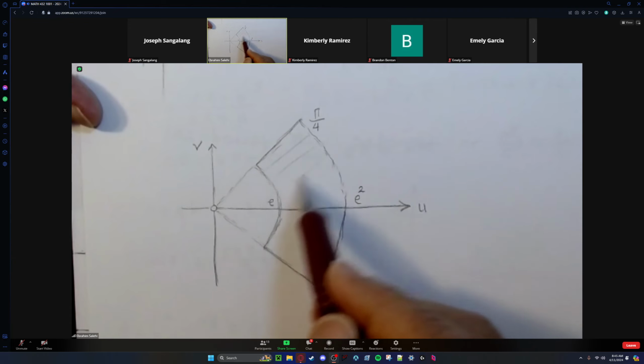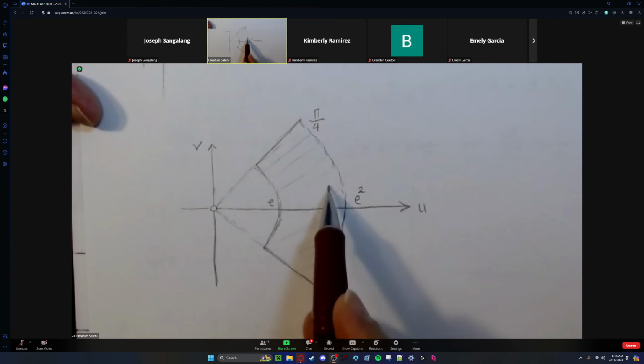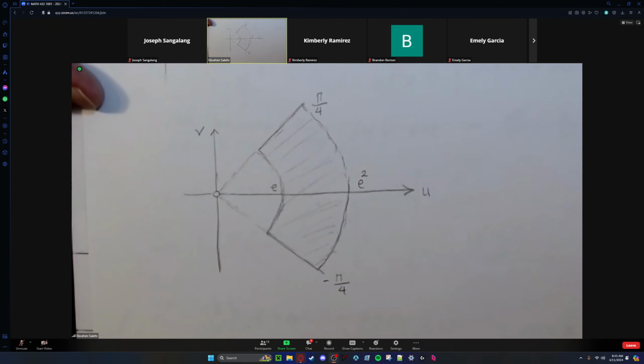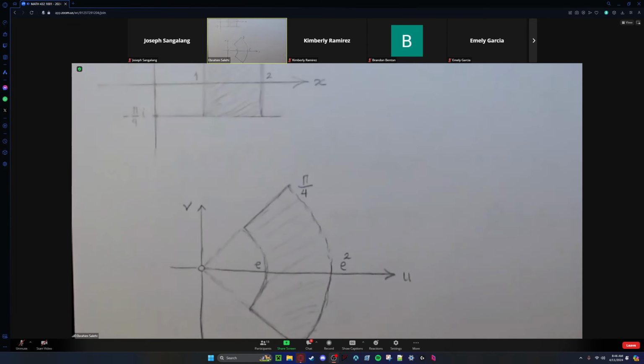This is the image when you apply e to the z. That is what we do in this chapter: we have a region of the xy plane, then we apply a function, and the question is, what is the image? Any comment, any question about the function e to the z?